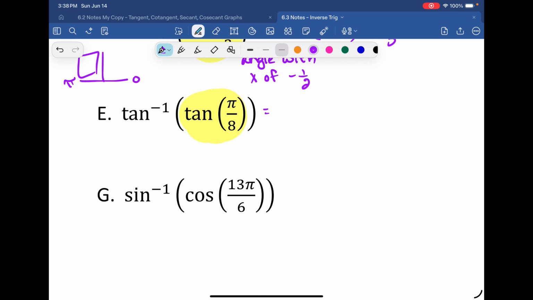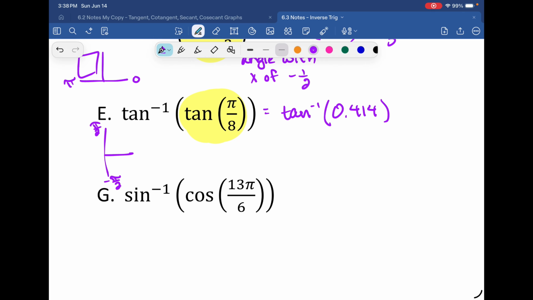So this is the inverse tangent of 0.414. If we consider the domain for a tangent, pi over 8 is like here.